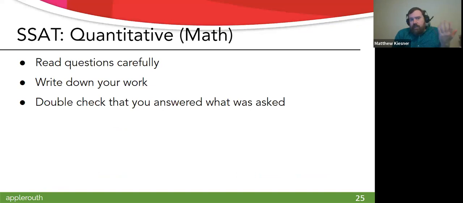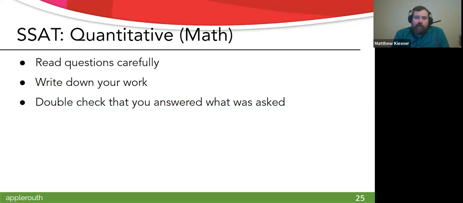So good suggestions on quantitative: read questions carefully. They are worded to be tricky. A lot of times there is a reasonable wrong answer, and this could be like they ask for the area of the circle, and the wrong answer is the circumference. So write down your work, and then double check that you answer the question asked.